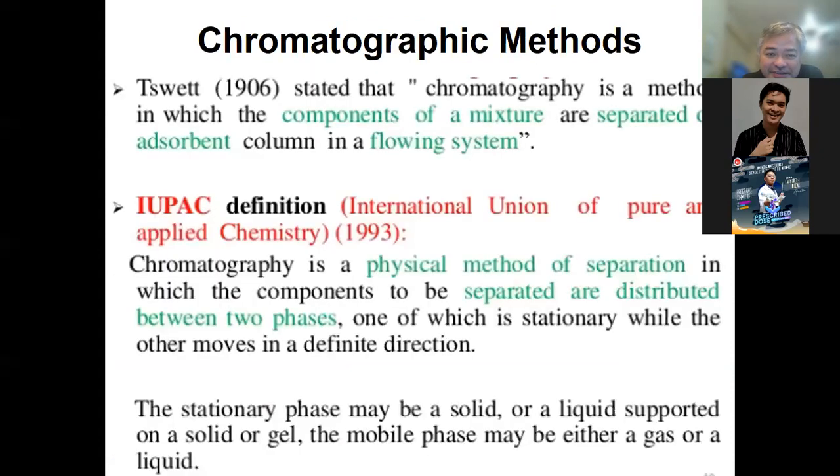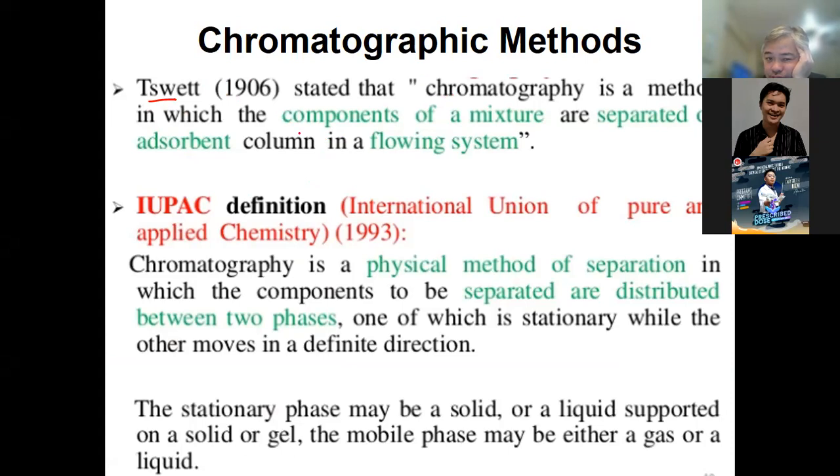Okay. And then we have the chromatographic methods. And the classic thing that you did in your organic chemistry is you separate, I think, plant pigments. So the history of this is by Tswett, where we separate this plant extract on what we call column.